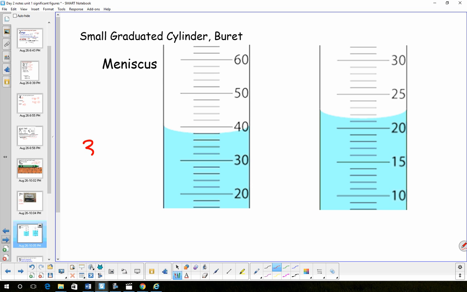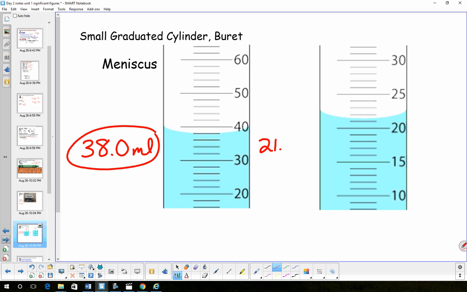38. Now my last one always has to be my guess. Is it 38 exact, or is it a little bit more than 38? Is it less than 38? What do you think? 38 exact, so I put a 0 here, and milliliter. Okay, what about the other one? 22? Is it the same scale? 21 point.